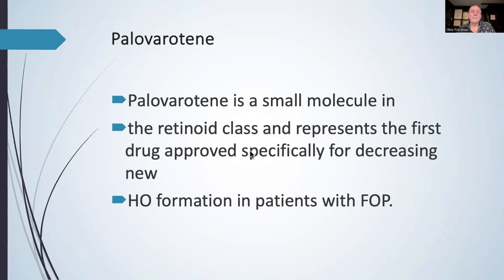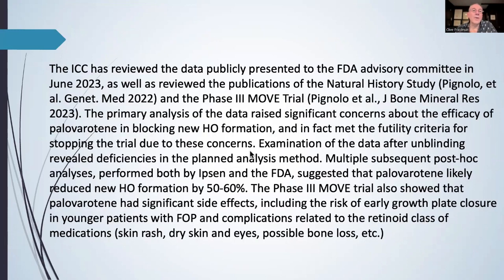Very briefly, palovarotene is the one drug which is available both in Canada and now in the United States. It is a molecule in the retinoid class. It represents the first drug so far specifically for decreasing HO. I would encourage you to have a look at the ICC statement on palovarotene in the guidelines.